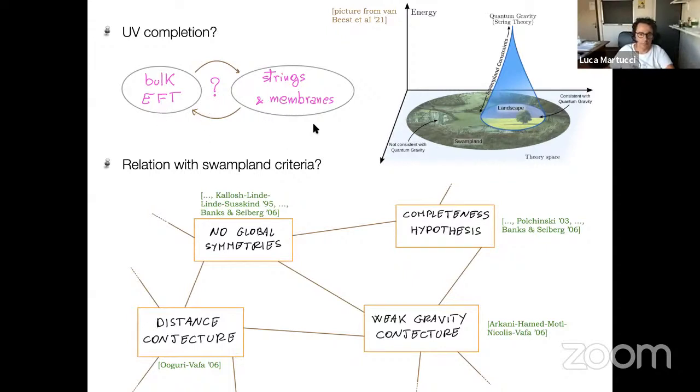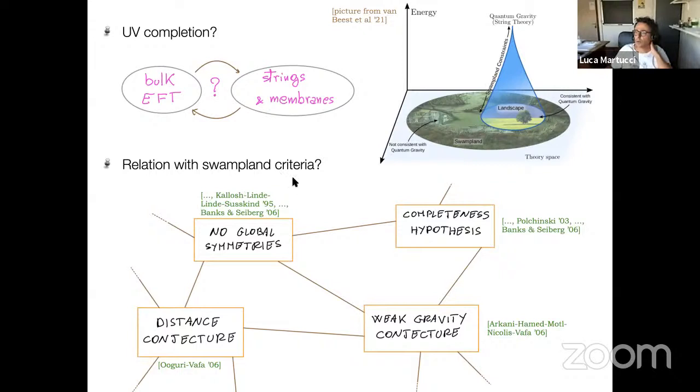This kind of question is a typical question addressed in the swampland program. We already heard about the swampland program in previous talks, and it will be reviewed by Irene in her talk in this workshop.